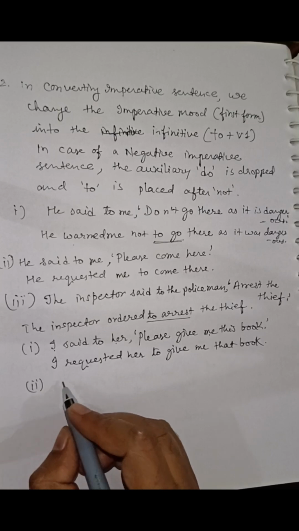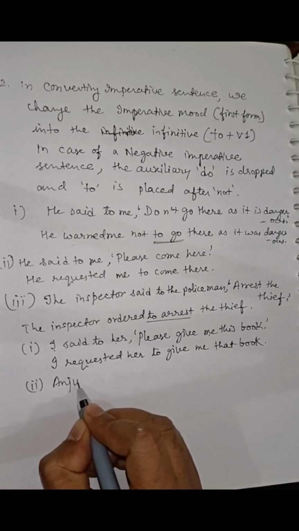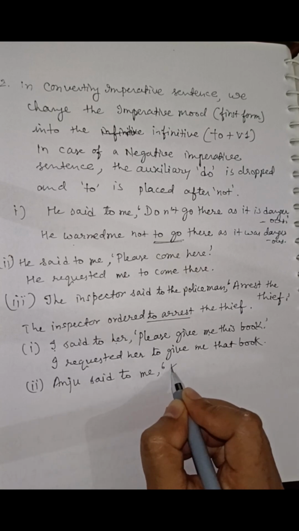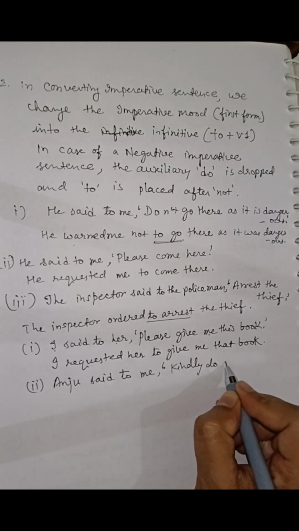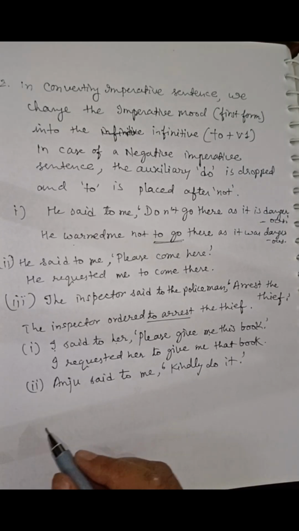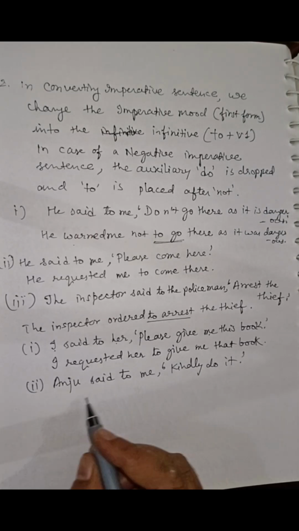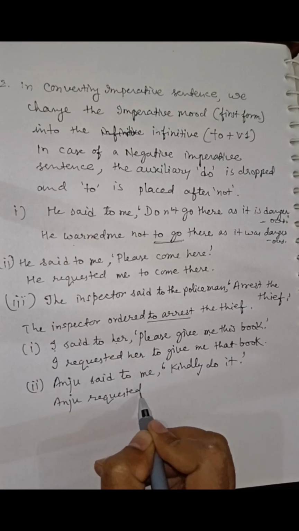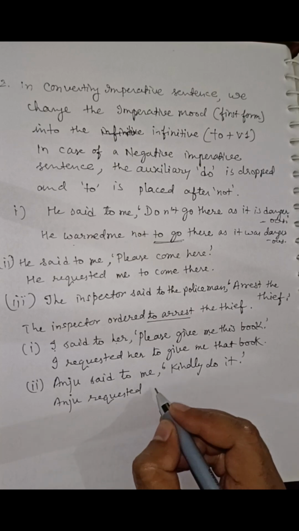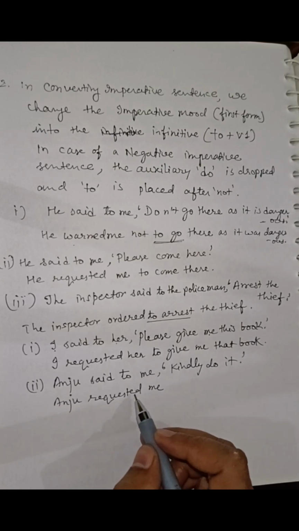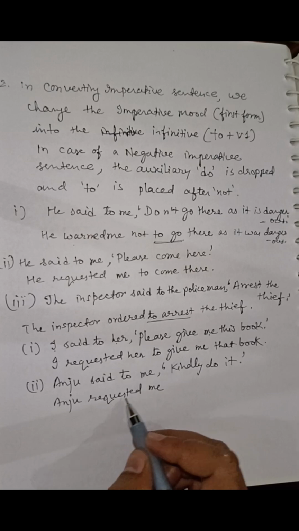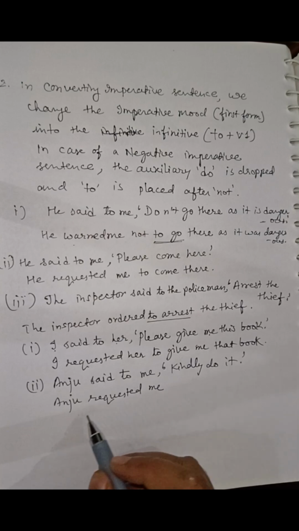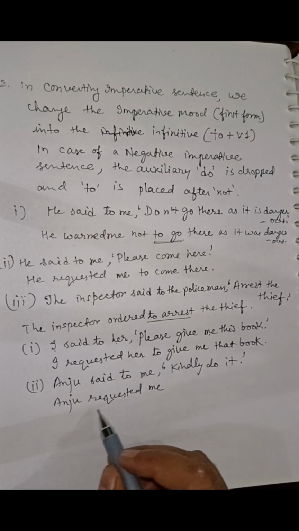We can take another example. You said to me, kindly do it. So this is direct speech, kindly do it. Anju requested me. After requested, we are not supposed to use to there. Many children make this error. What they do, they write Anju requested to me. It can be possible only in case of passive voice. It was requested to me.